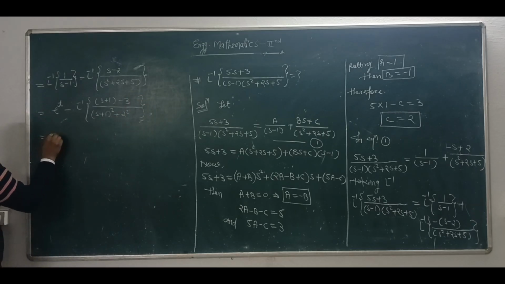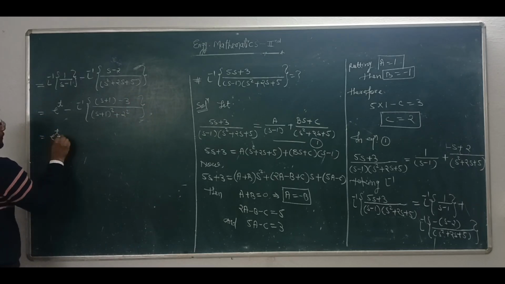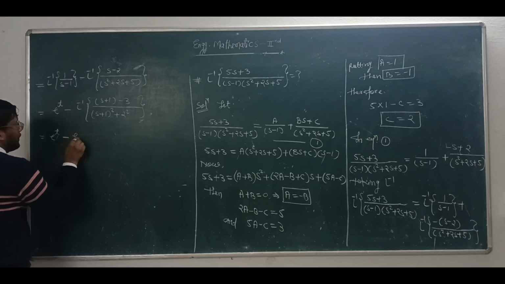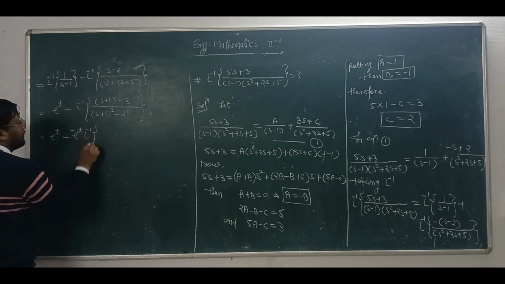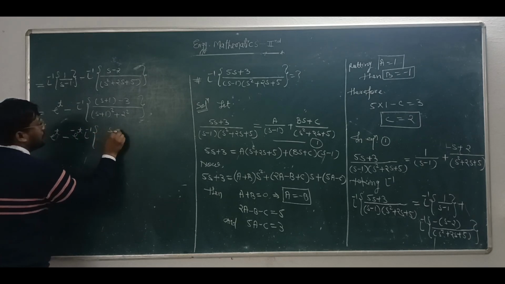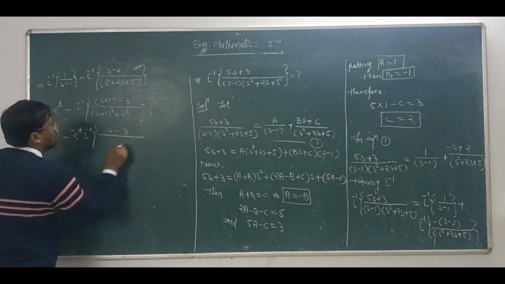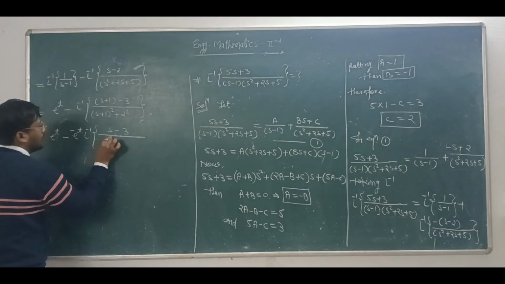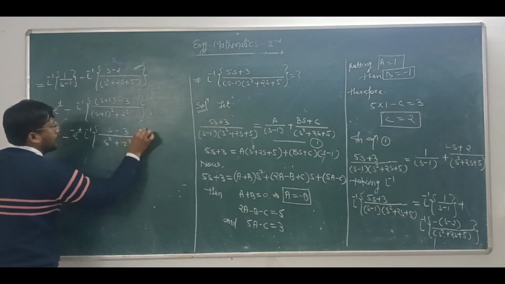Now break this function. E to the power t minus e to the power minus t L inverse of (s minus 3) upon (s square plus 2 square).